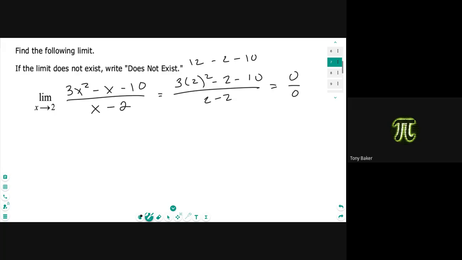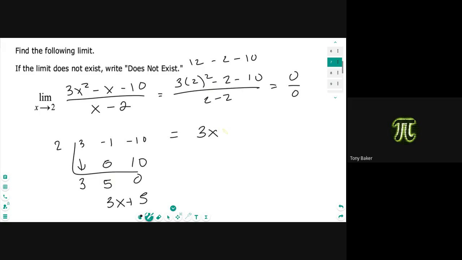So you can factor, or just because I've been doing it half the day with my pre-calc students in class, you actually could do synthetic division because you know 2 works. You know 2 gives you a 0. So you could use synthetic division. 2, 3, -1, -10. And that gives you 3x plus 5. So when you cancel out the top and the bottom, you would get 3x plus 5.